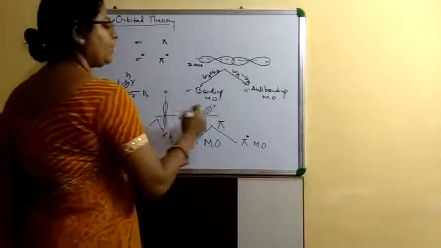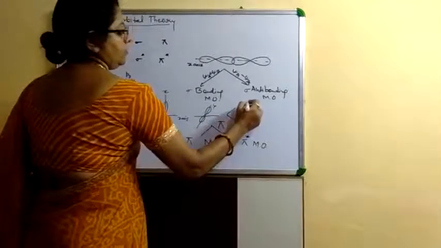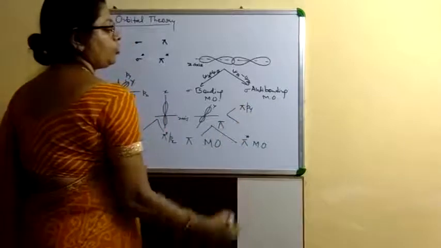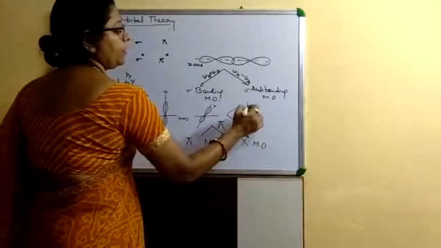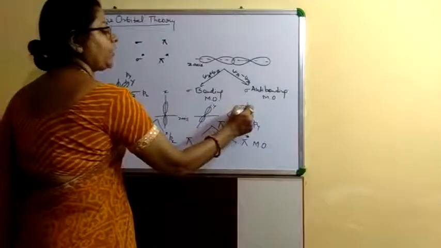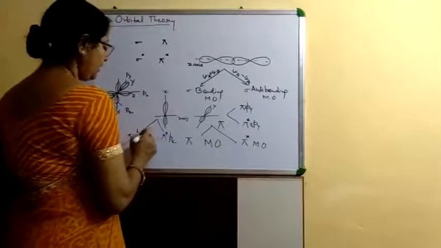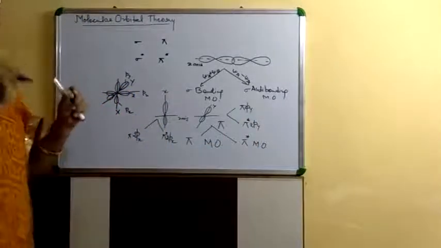Similarly, the py orbital also generates a pi py molecular orbital and a pi antibonding py molecular orbital. If it is the second orbit, we write pi 2py and pi 2px.